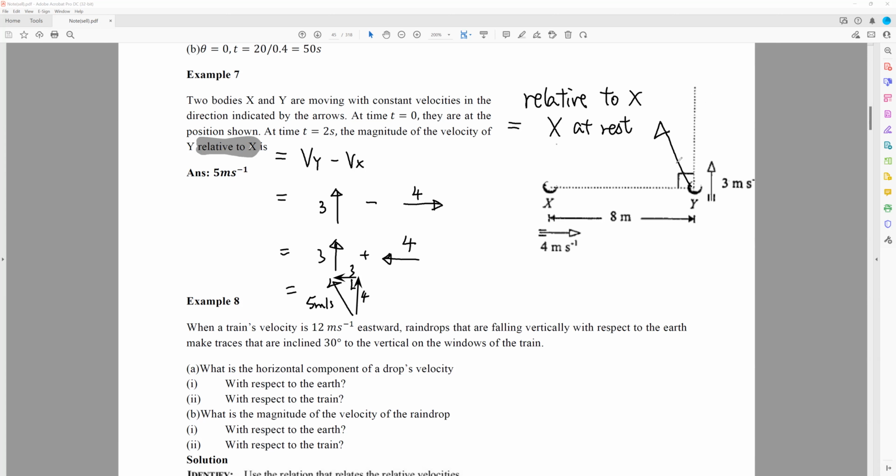Some velocity 5 somewhere here. So in the view of x, y will just move along a straight line with constant velocity. Okay. Any questions here?